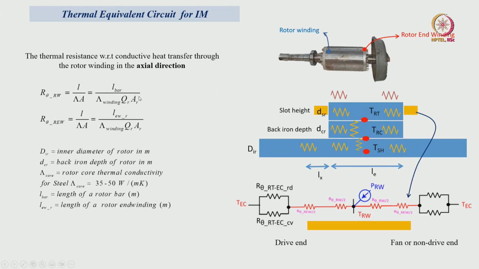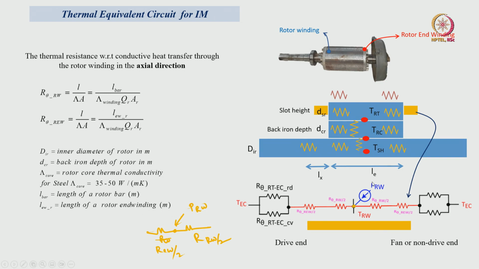Then the thermal resistances of the rotor winding. Here we can see the thermal resistance and heat flow in the axial direction also. I am representing it with a simple two-resistance model, not the T type model. Here is the heat generation point PRW, and this is R theta, R rotor winding by 2, R rotor winding by 2.